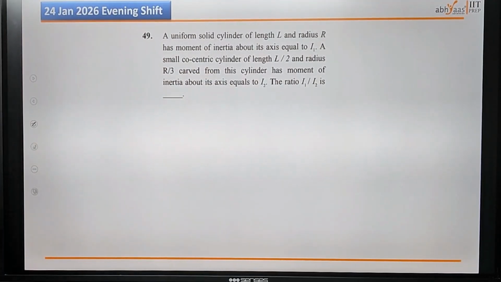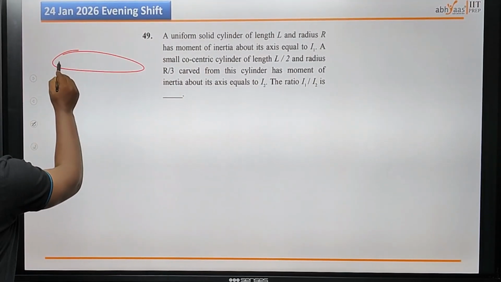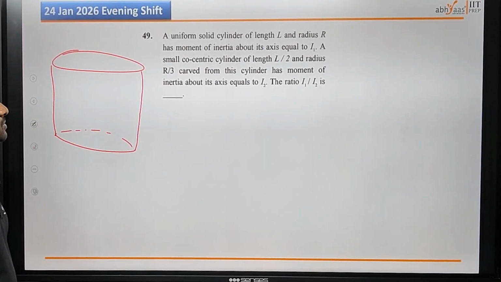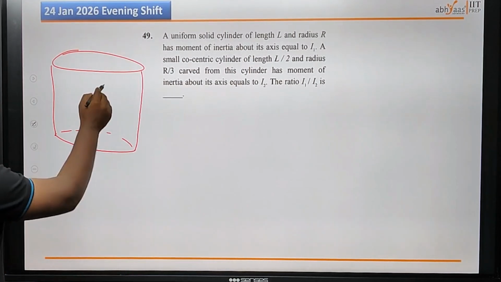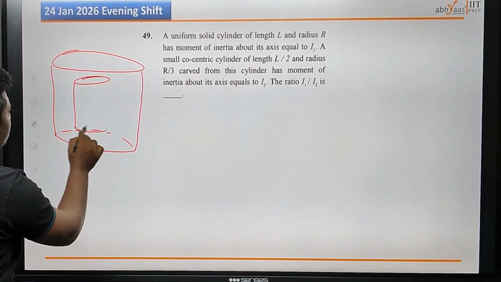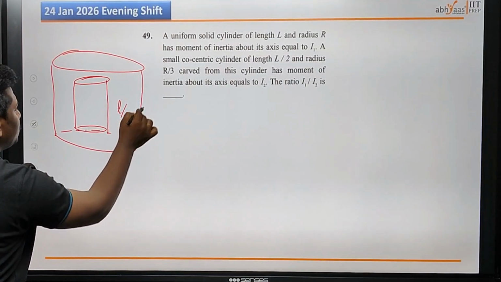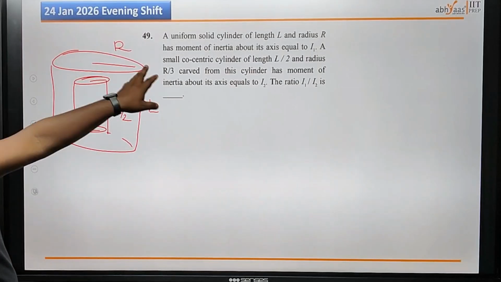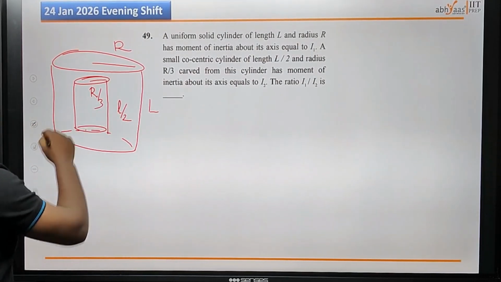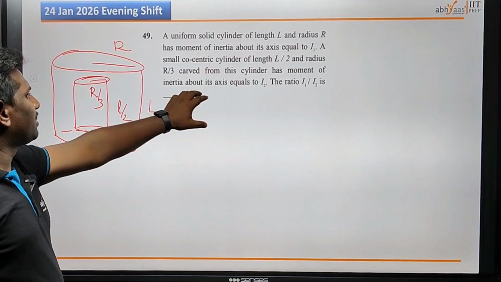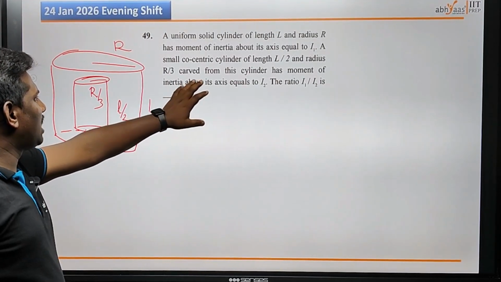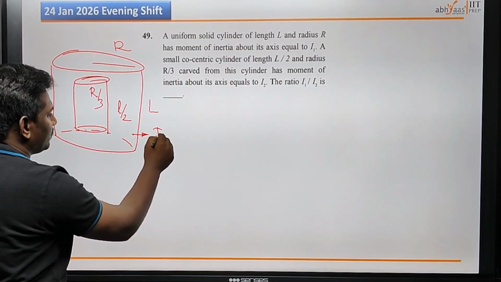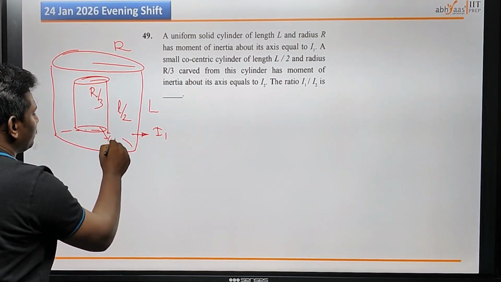A small concentric cylinder of length L by 2 and radius R by 3 is carved from the cylinder. This is our big cylinder, with length capital L and radius R. The small one has length L by 2 and radius R by 3. The bigger one has moment of inertia I1, and the small one has moment of inertia I2.